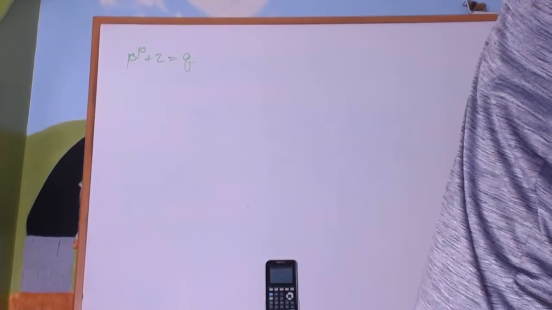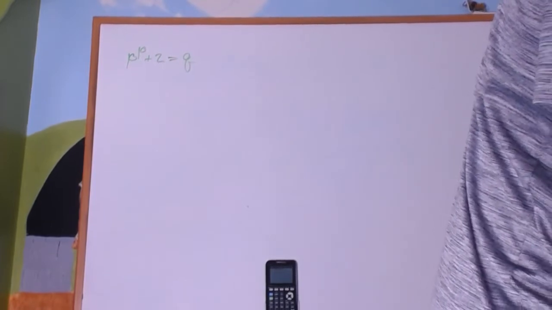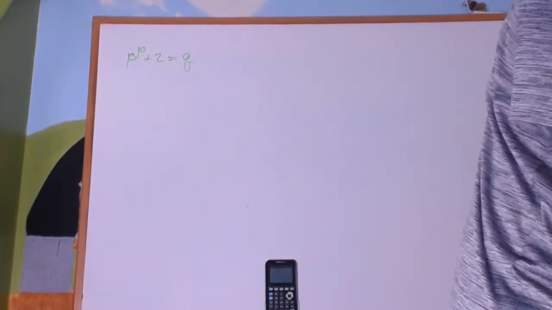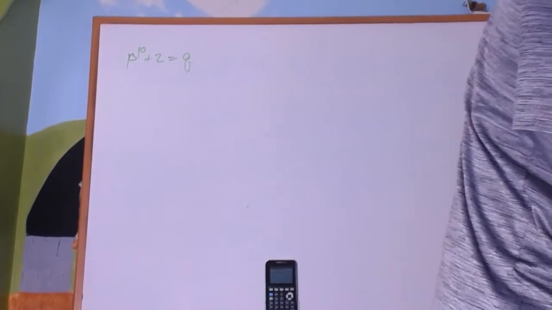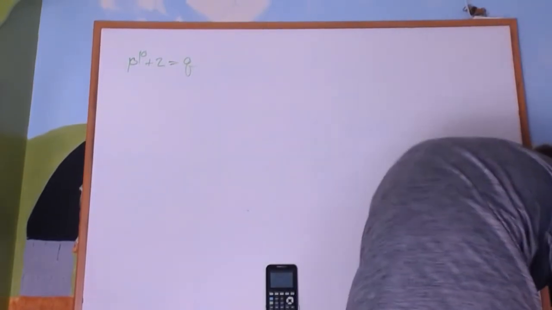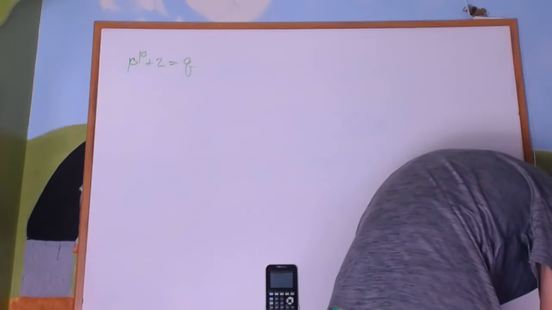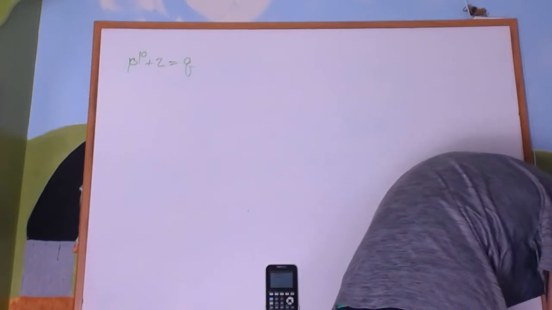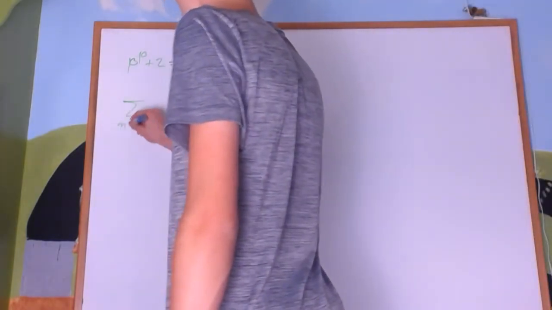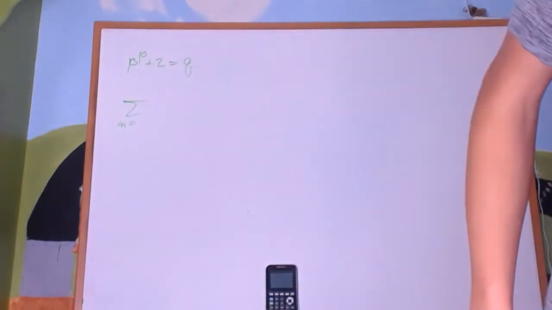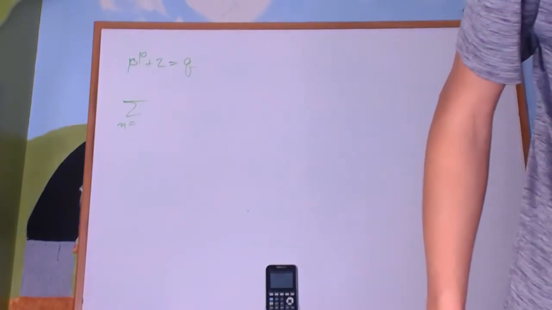Is it just by itself? I can't tell. What's on the bottom? Is it an n? Sum of 3 to the n over combinatoric. Okay, thank you. Sum n equals 1?